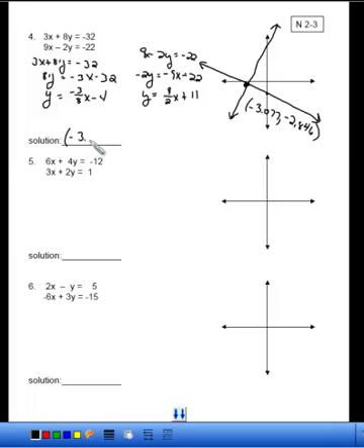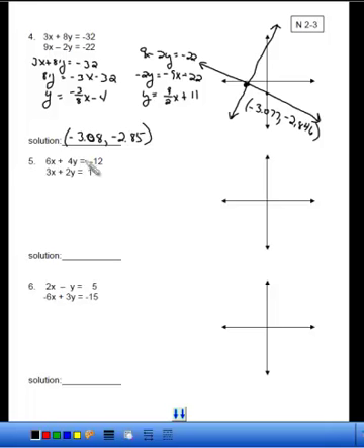I wouldn't carry it any more than 3 places, but it's okay if you round it to hundredths. So that would be our point of intersection, which is again the solution to this system of equations. So now we're going to do a couple more examples.